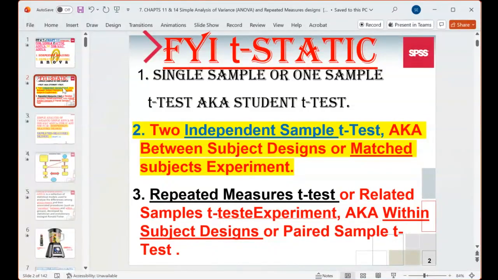For t-test, we had 2 groups. For ANOVA, we have more than two groups. And then again, we'll talk more about repeated measure designs in advanced stats.